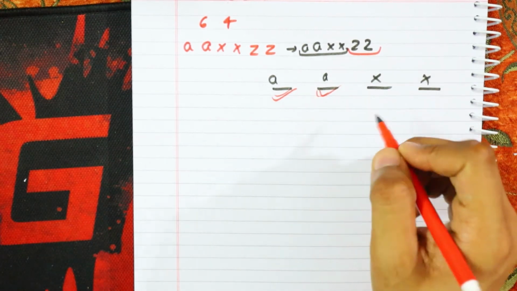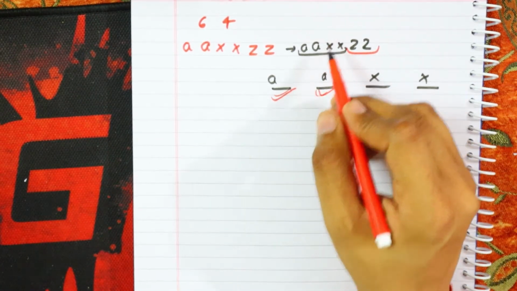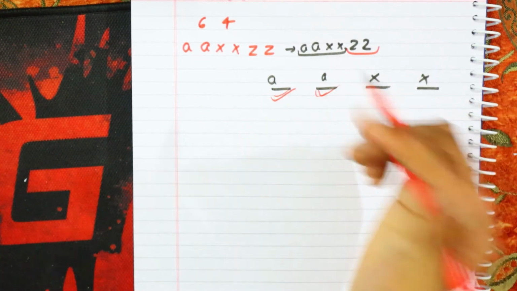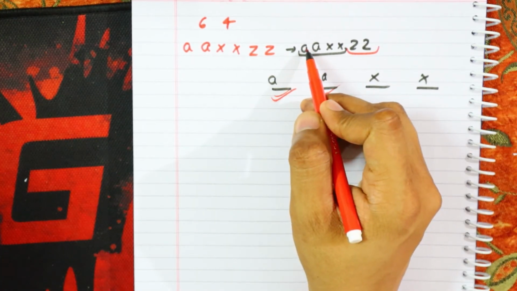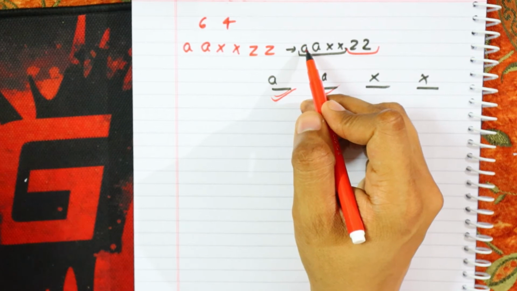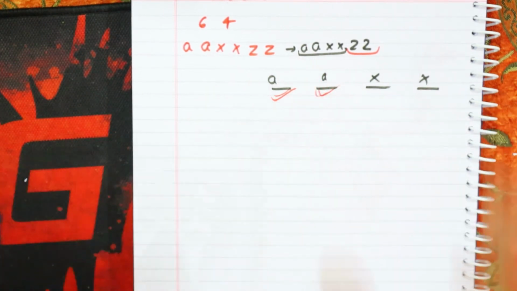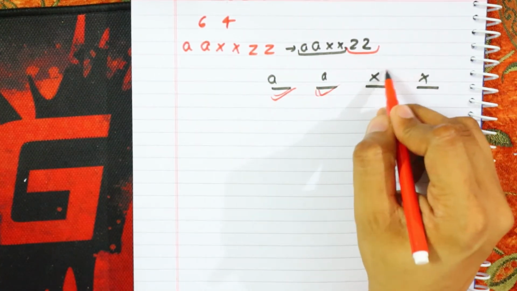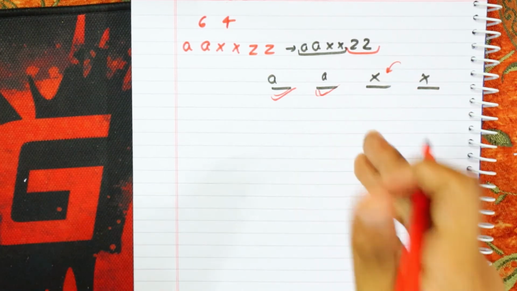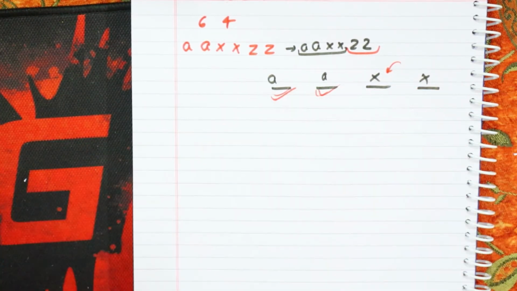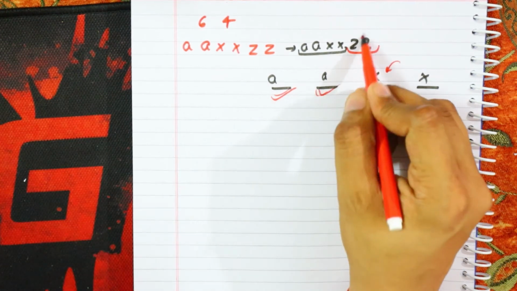Because if suppose it was B, suppose it was C, suppose it was anything else other than A, so if it is not the same, there is no point in adding any other alphabet in it, because already it is lexicographically bigger than this. So if you want to add anything else, you can add in this.